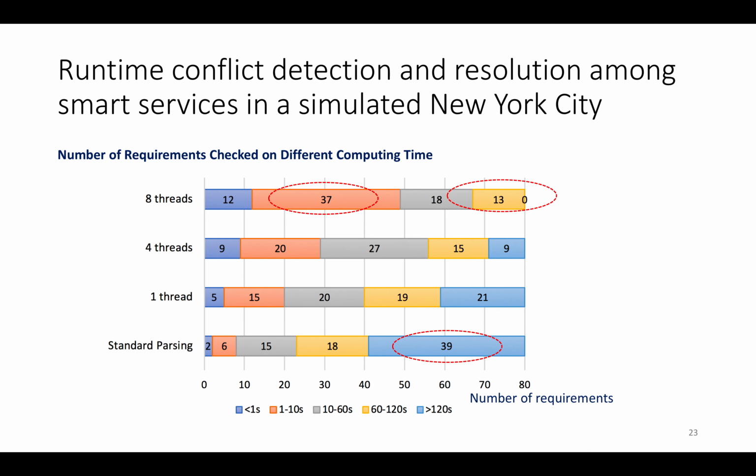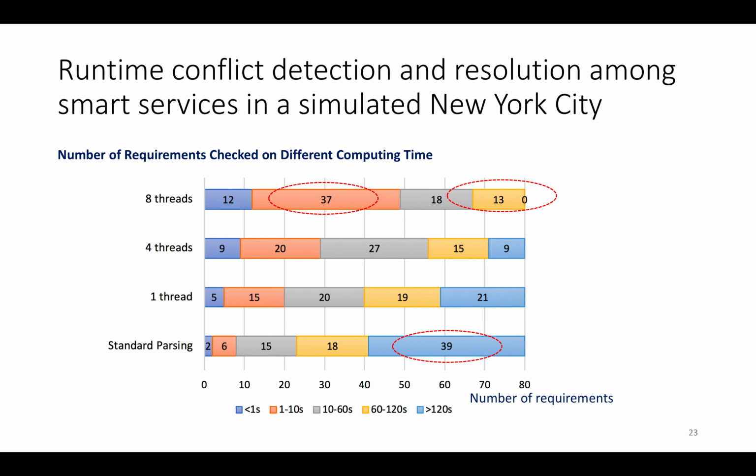And next, we compare the performance on the computing time. To do that, we check these 80 requirements, and we compare the number of requirements that can be checked in different computing times. For example, if we use this traditional monitoring algorithm, half of the requirements will be checked over 2 minutes, and this even for a very long time.